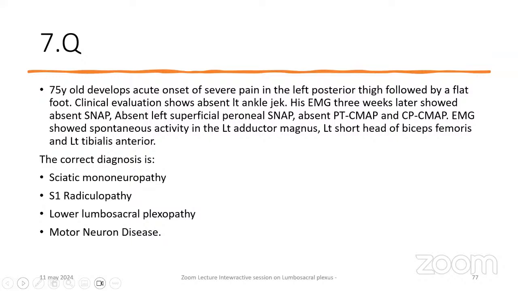Both are lost. EMG showed spontaneous activity in the left adductor magnus, left short head of biceps femoris, and left tibialis anterior. The correct diagnosis is sciatic mononeuropathy, S1 radiculopathy, lower lumbosacral plexopathy, motor neuron disease. Now, this is a tricky question.